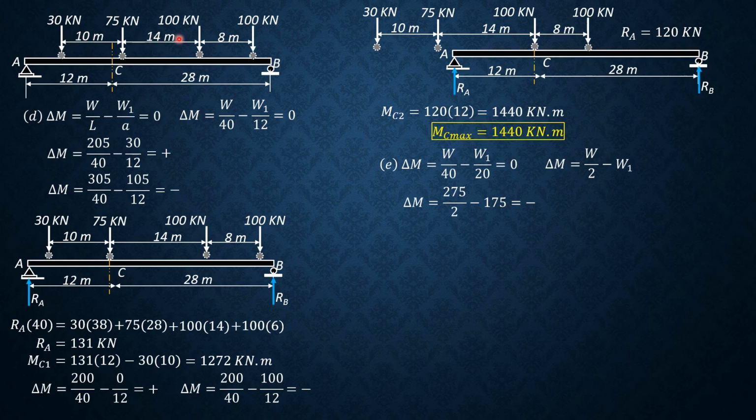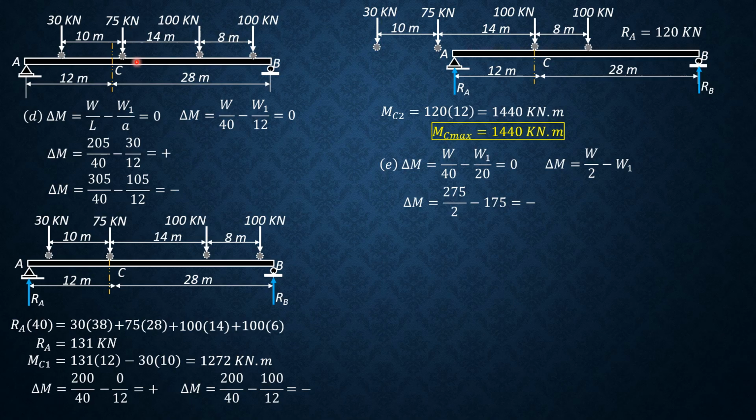That's great because the distance between the 30 and this 100 is 24, and half of the span is only 20, so this means it is out of span. So W would be 275. Take note, this 100 kilonewton load is just to the left of C, so these two would be part of W, 175 plus 100, and the total W is 100 plus 100 plus 75.